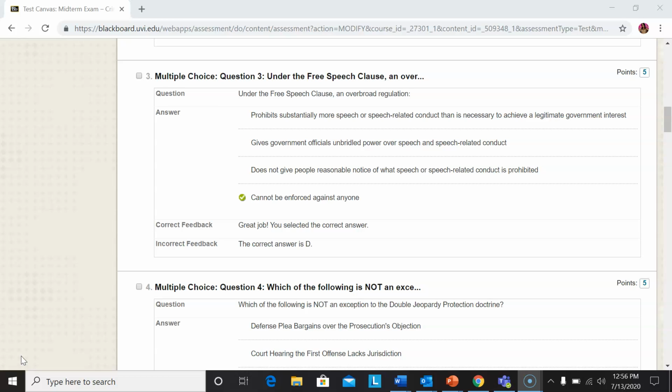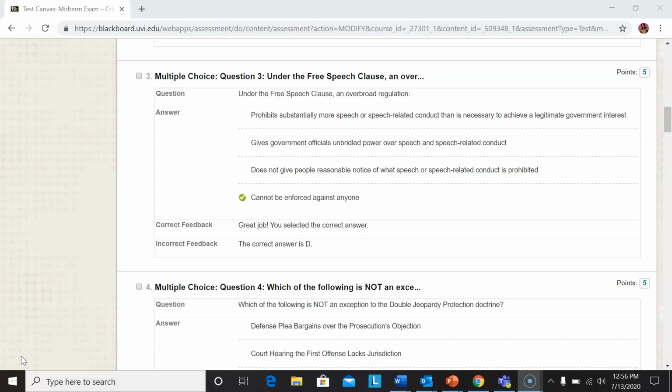But if anyone selected that choice, I gave you the 5 points for that because I feel as though the book didn't do a very clear job at illustrating how these standards apply to free speech regulations, and I don't believe I covered it in great detail. I know that I did go over an example with respect to an overbroad regulation.